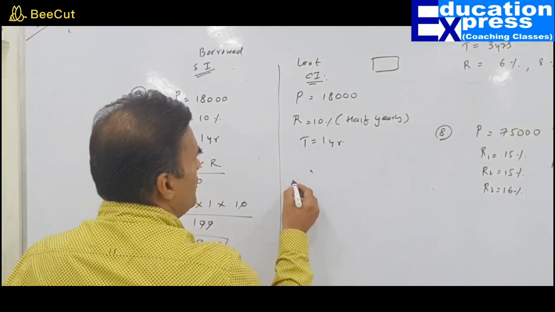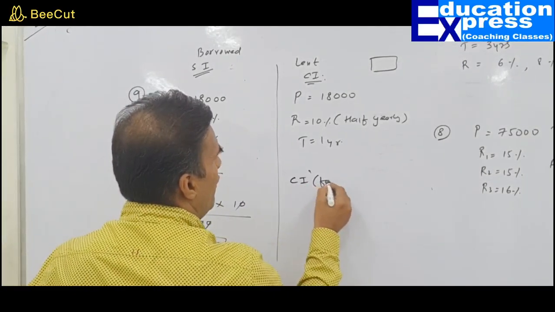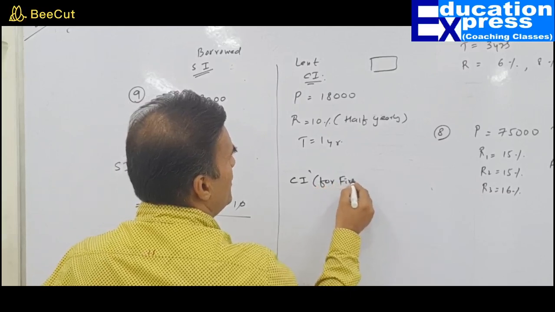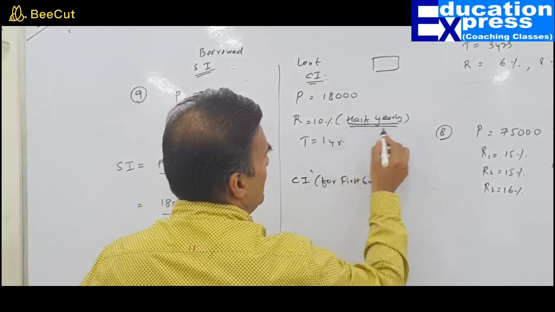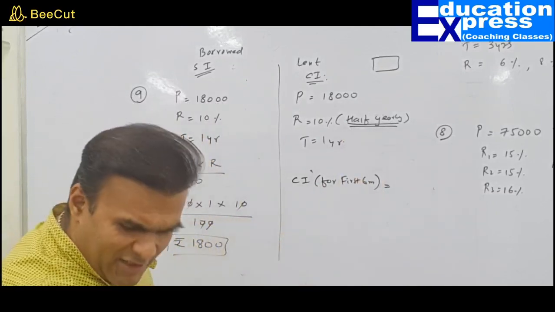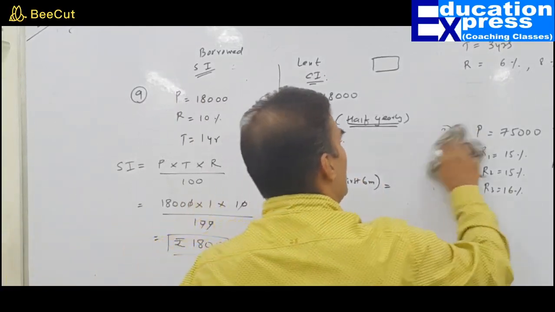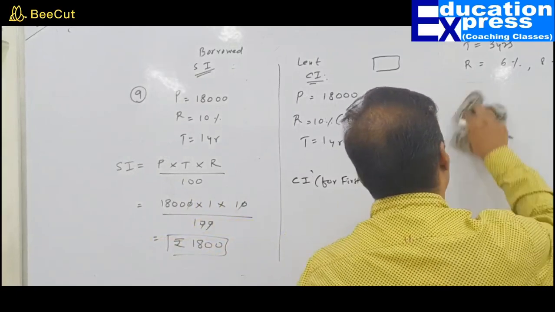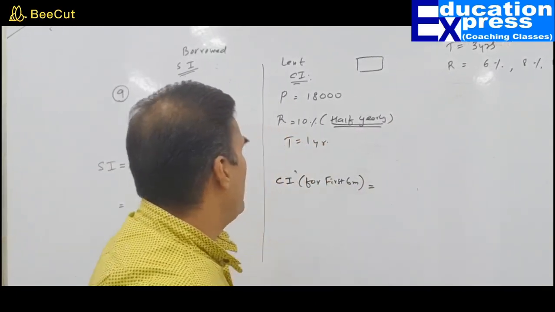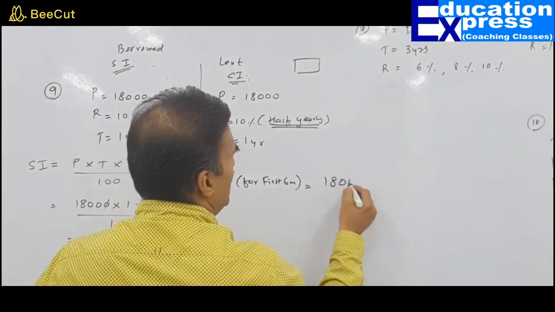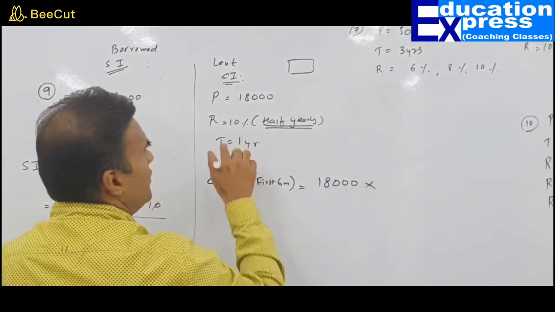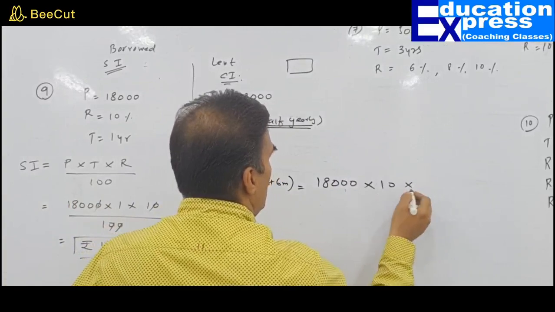Let us find out compound interest for the first 6 months, because it is a case of half yearly. After every 6 months, you are going to receive the interest. At the end of the first half, what is the principal? 18,000. What is the rate? 10%. What is the time?